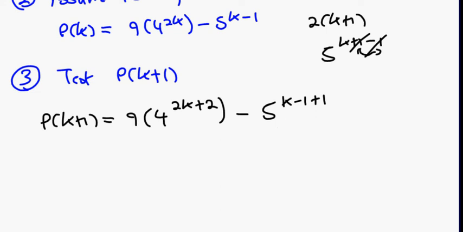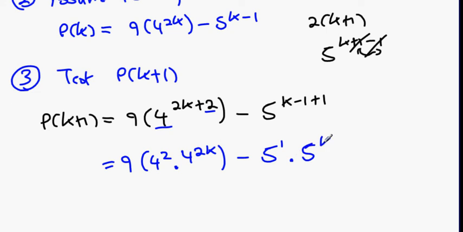So what I've got to do here is separate out the 4 squared. So it's going to be 9 times 4 squared by 4 to the power 2k. Okay? And that's going to be 5 to the power 1 by 5 to the power k minus 1.